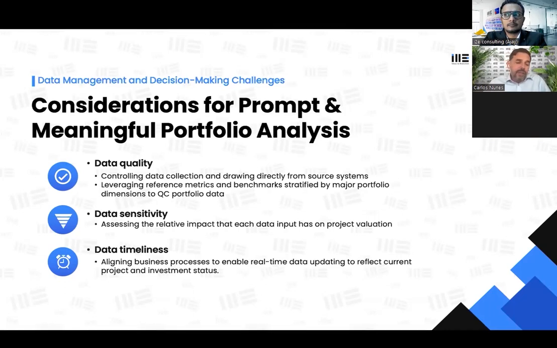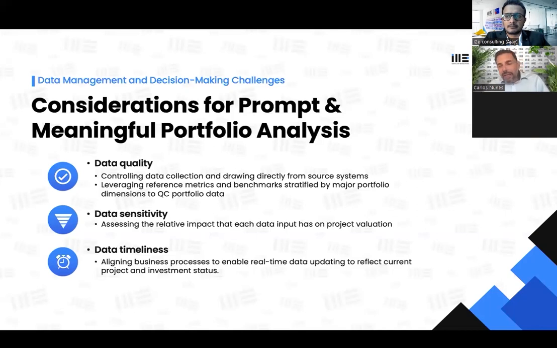Data sensitivity is equally important, and I've worked on many situations where there is a lot of data collected, but it is not useful. And so what we would work with our clients to do is focus on those data elements of the projects that really affect the way that we would invest.